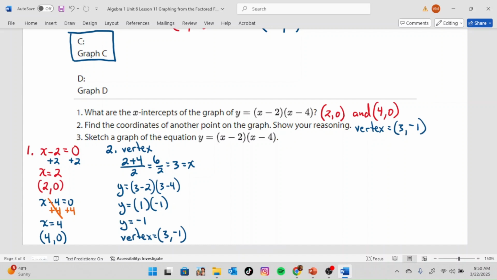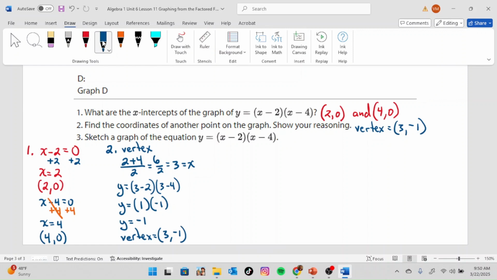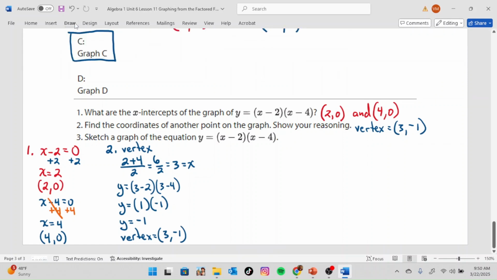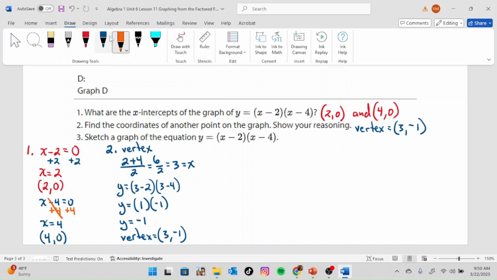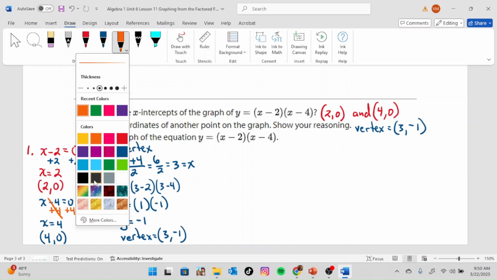And lastly, number 3 wants us to sketch a graph. So I will draw a coordinate plane.